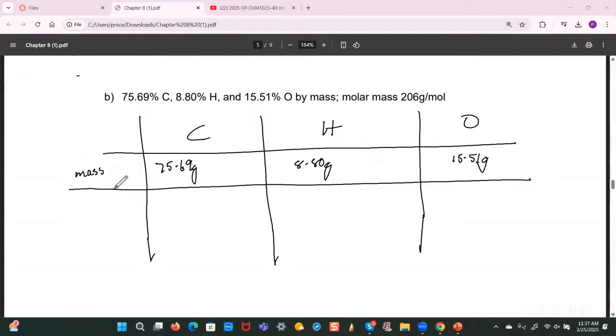What's the next step? What would be the next line? Let me ask you that. Feel free to follow the example that we did earlier. Is that the moles? Okay, moles.